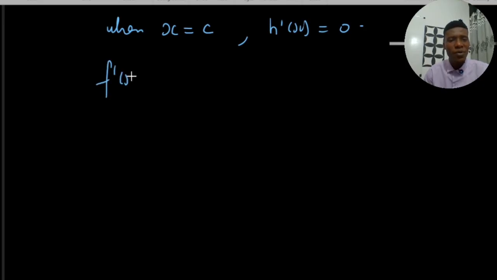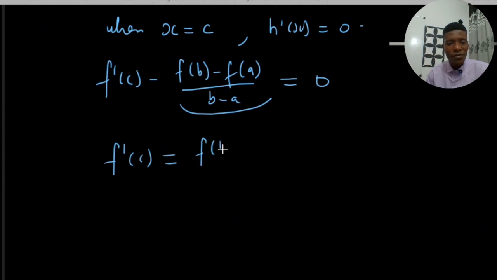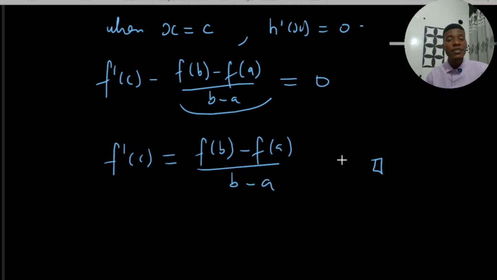So we have f prime of c minus f of b minus f of a all over b minus a is equal to 0. Now it is safe to say that f prime of c is the same thing as, when you take this to the right hand side, f of b minus f of a over b minus a. And this has been proved.